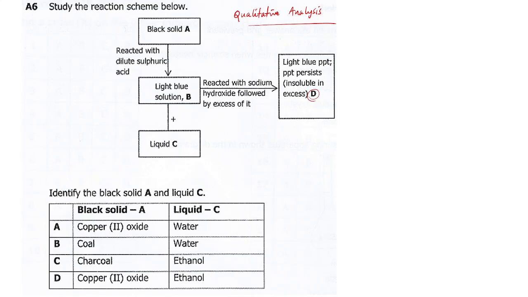In such a situation, they're saying identify the black solid A and liquid C. So they need us to identify only these two things. If you react black solid A with sulfuric acid, you form a light blue substance B plus this liquid C. You need to know that the only thing that can react with sulfuric acid to give a light blue solution is copper.